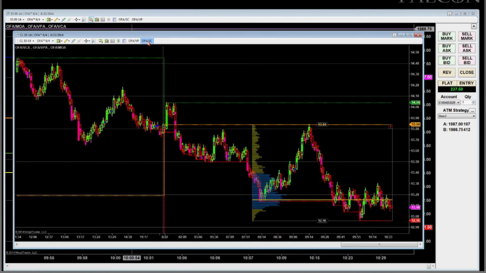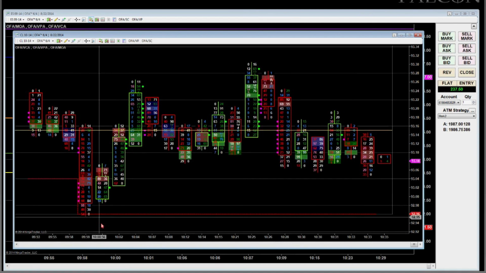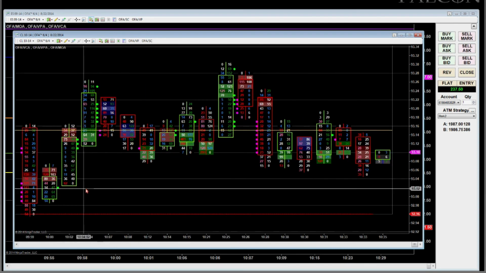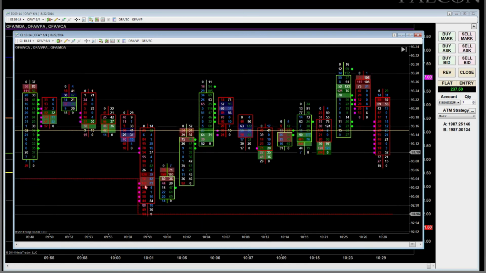The other thing that I'm seeing, if I get out of a structure chart, is the activity at the bid down here. 150, 94, 101, 143, 120. In oil, these are pretty significant numbers. 290 down here. So we're seeing a lot of activity at the lows of the day. This is more initiative selling, not necessarily buyers getting out of contracts, and we're seeing a lot of it.